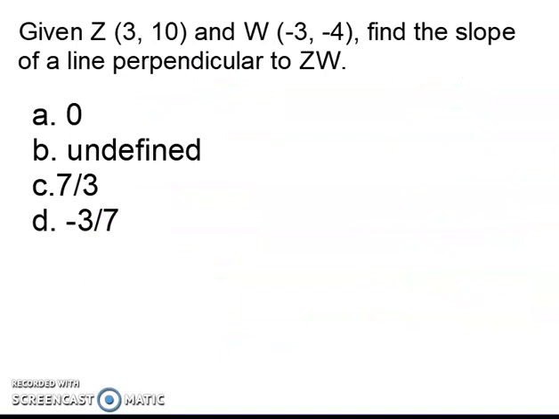So, given Z and W, find the slope of a line perpendicular to ZW. Now, the important thing we need to keep in mind here is perpendicular means the opposite reciprocal. So, first thing I'm going to do is find my slope.